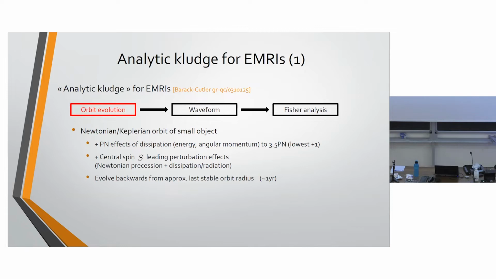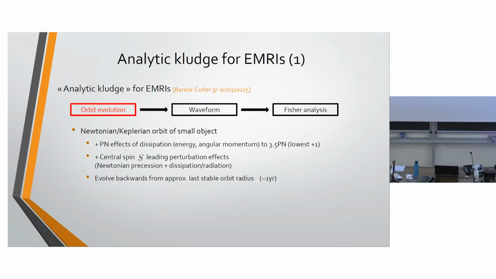To zeroth order, this is of course just a Newtonian orbit. Then we add different effects from GR. In particular, it's very important that this orbit is going to be shrinking in time, so we add post-Newtonian effects of dissipation, energy and angular momentum dissipation, to some post-Newtonian order.